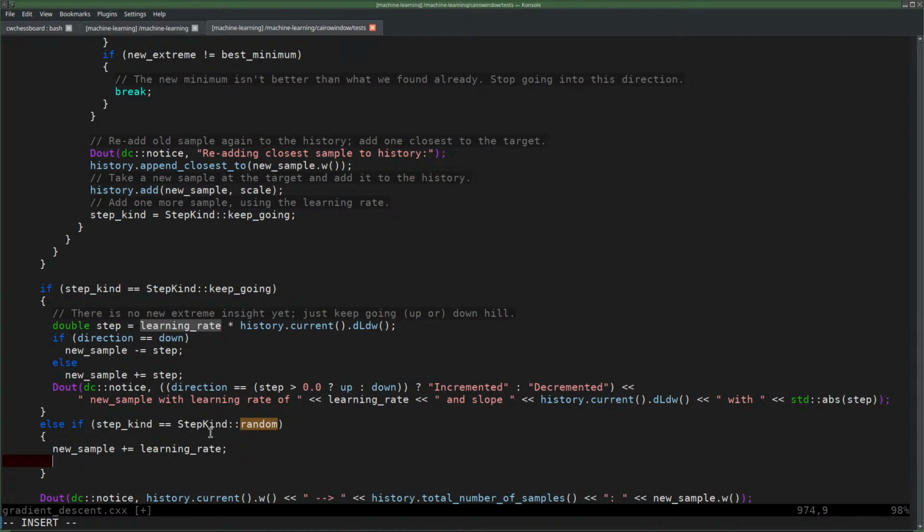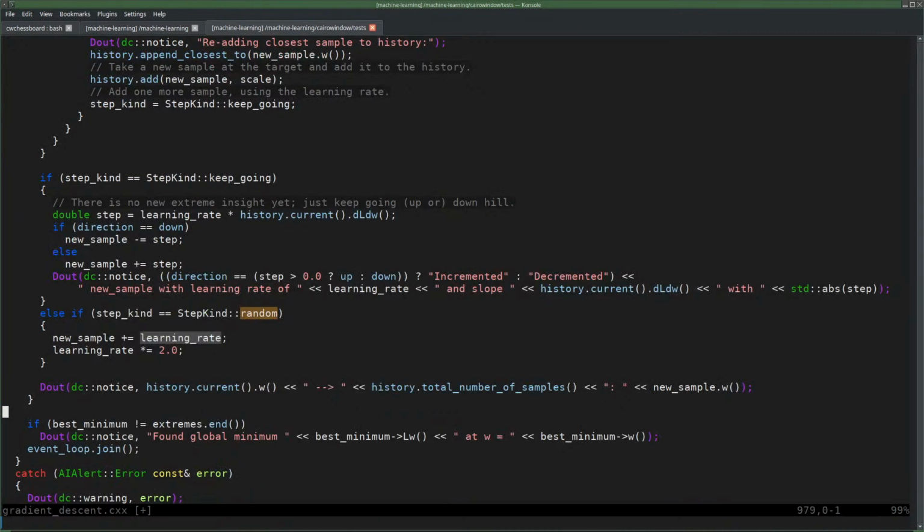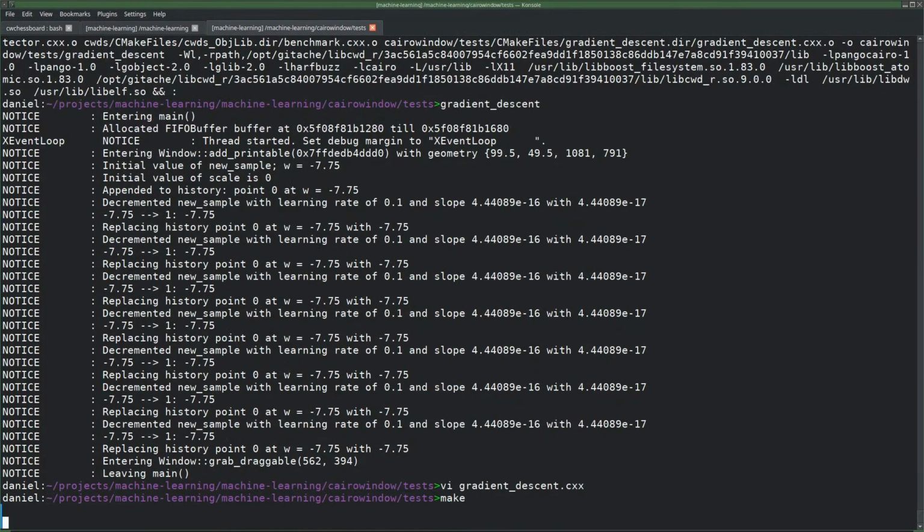And suppose the random step learning rate is super small anyway, by coincidence, then we get nowhere. So I do have to increase the learning rate afterwards, I think. At least now we get somewhere. Yeah, okay, so that should kick us out of the minimum, at the very least.